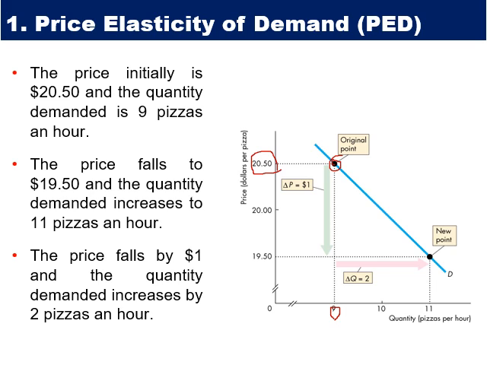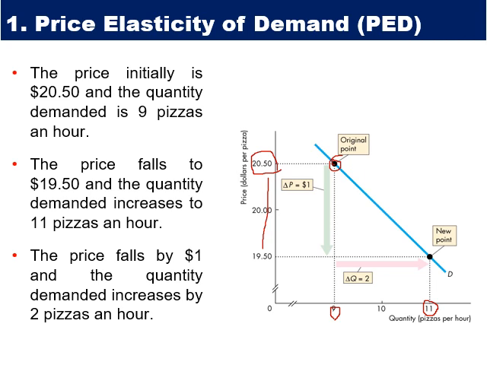Then, what happens if we have a decline in the price from 20.5 to 19.5? In this case, we will find that the quantity demanded of pizza increases from 9 to 11 units per hour.